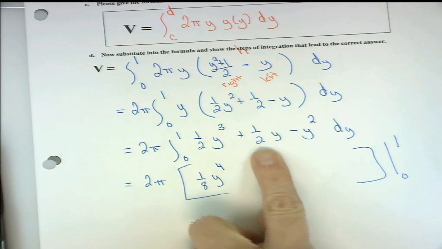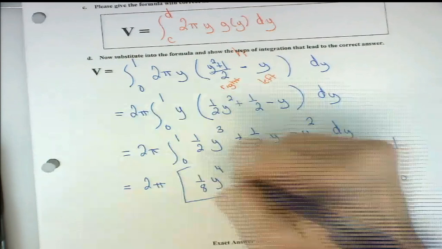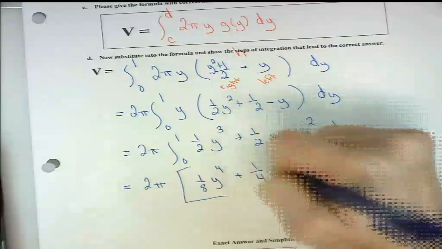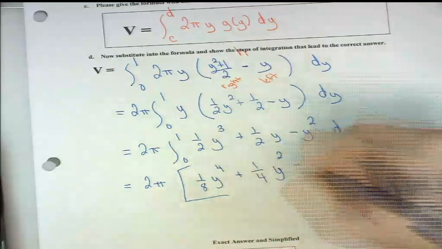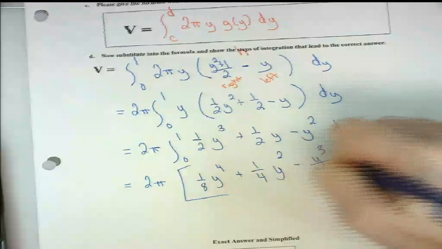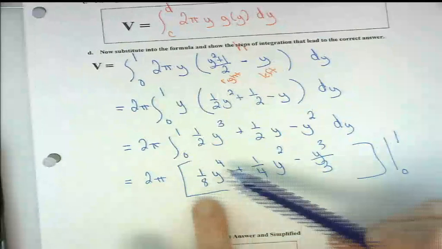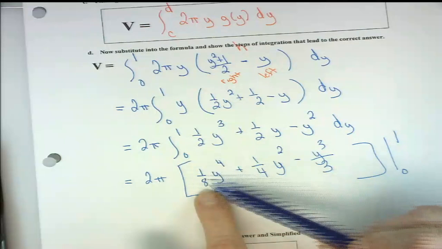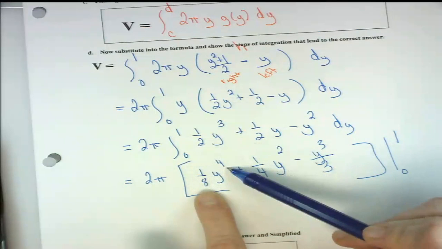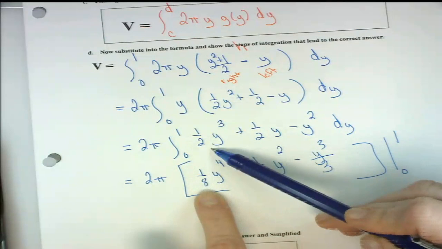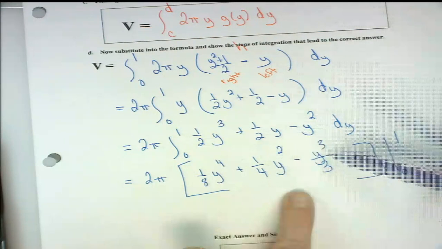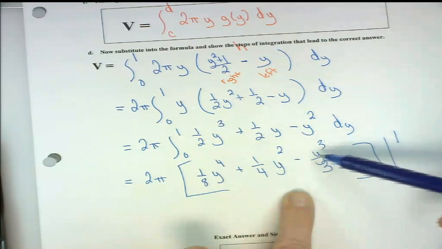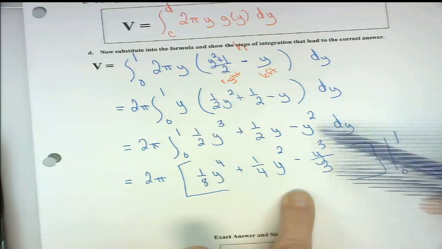Square this other 1/2. This is going to sit, and then this one is going to be minus y cubed over 3. Take the derivative of 1/4 y squared and you get 1/2 y. Take the derivative of negative 1/3 y cubed, get negative y squared.